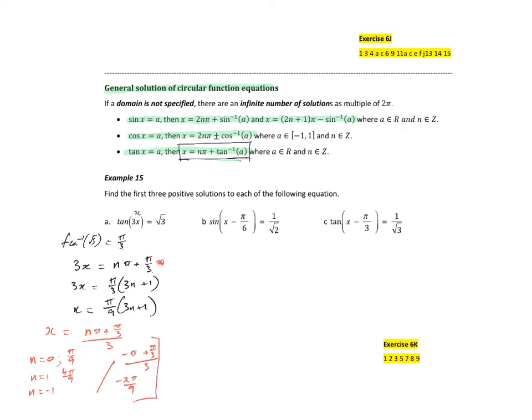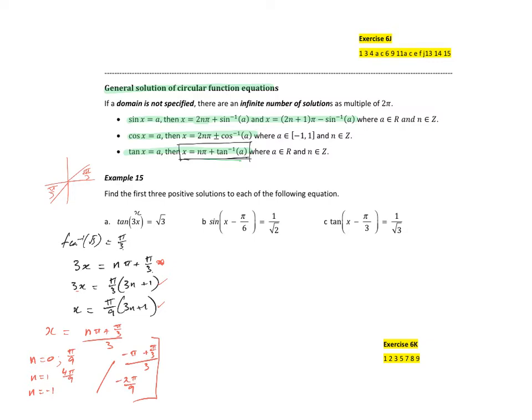So instead of necessarily going with the unit circle, where tan is positive there and there, and the angle I'm looking for is pi on 3, and go around, so then 3x is equal to pi on 3, 4 pi on 3, etc., I can just go into this, find my general rule, and substitute values in.